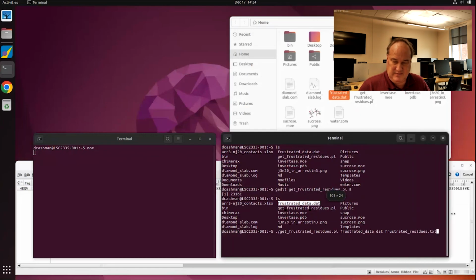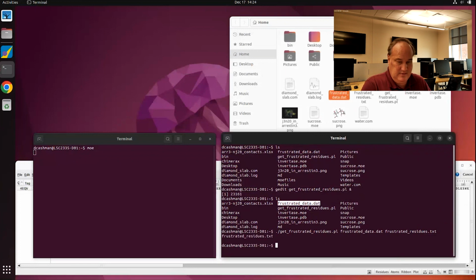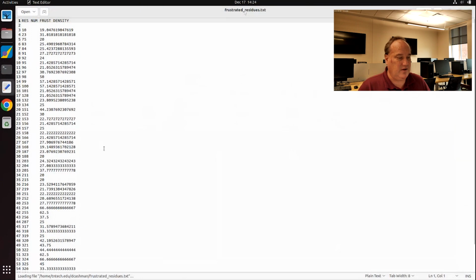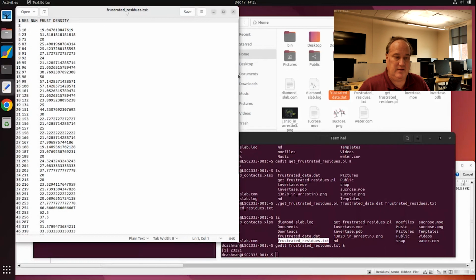You can actually kind of see them right here. And then we can just open up in gedit our frustrated residues. And these are all the highly frustrated residues in the protein, right?